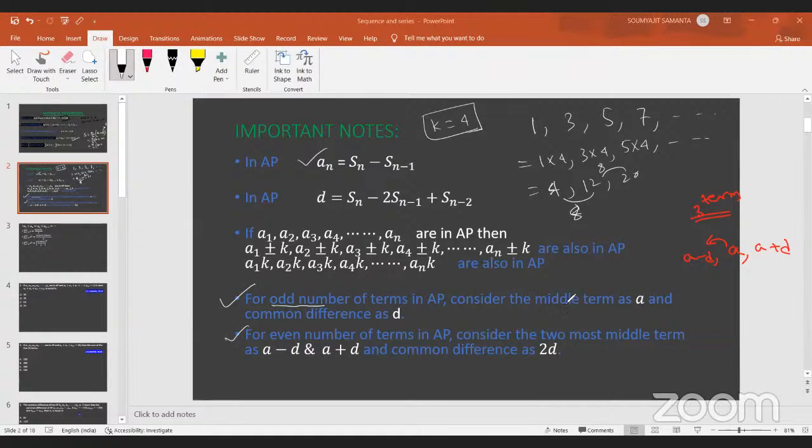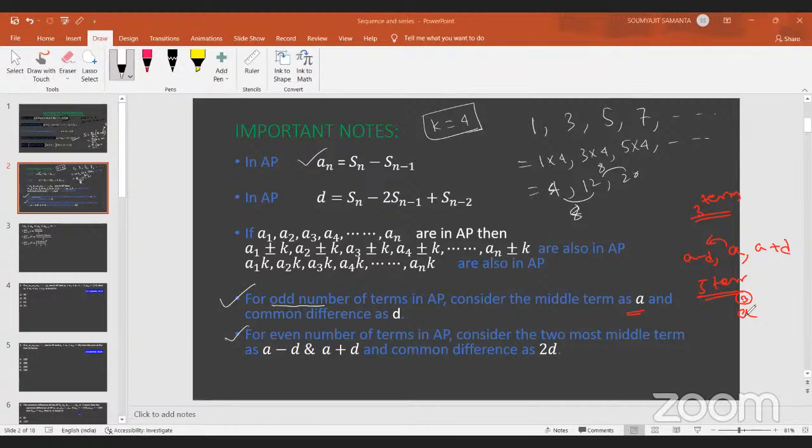What about if 5 terms are there? If 5 terms are there, again the middle term we always take as A. If an odd number of terms is there in the AP, we should consider the middle term. The middle term of 5 terms will be the third term.